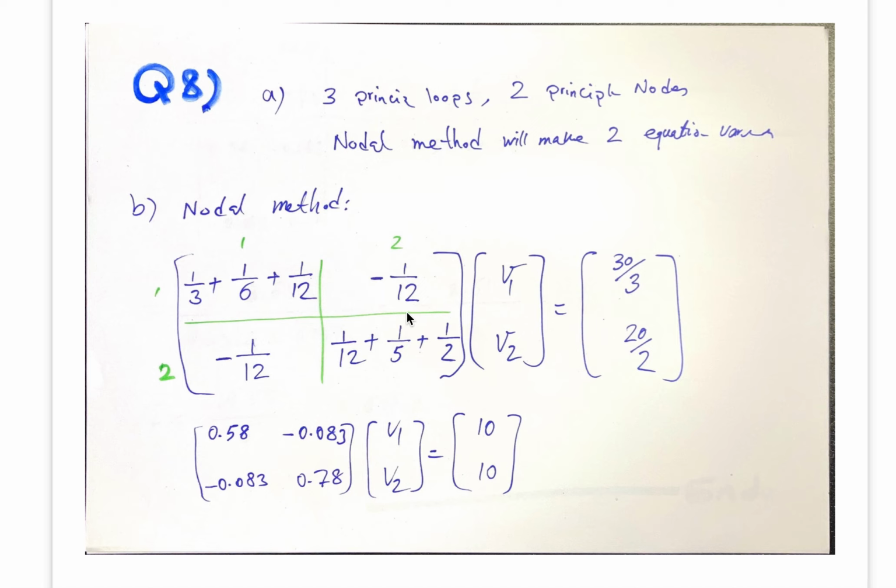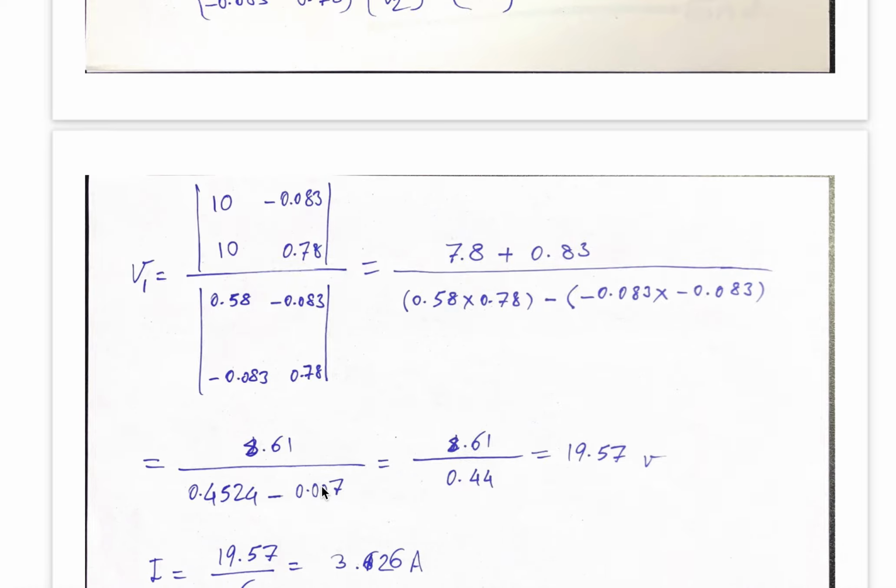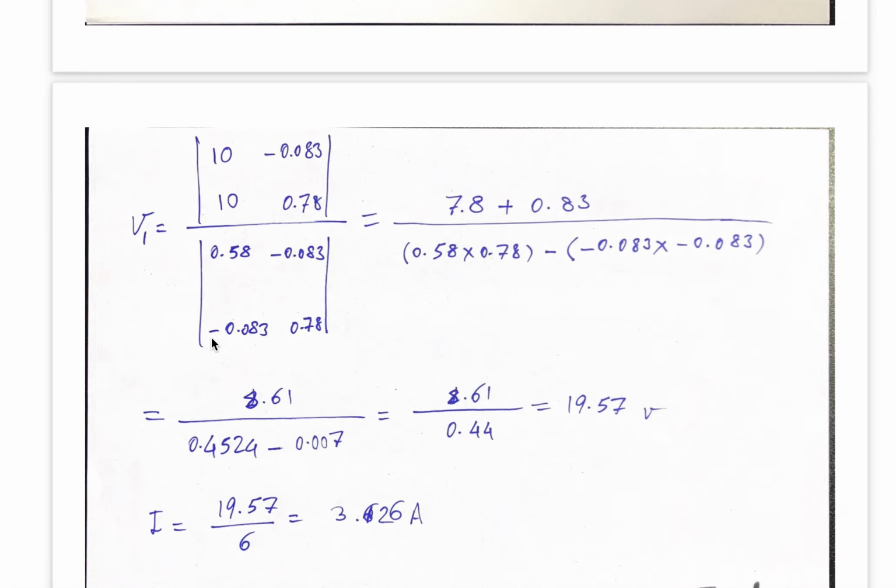And this square matrix is actually a symmetrical matrix, which means non-diagonal elements are the same. So cell 1, 2 has the same value as cell 2, 1 because the circuit is a bidirectional circuit. You can then simplify this square matrix and you get these decimal values, and then you can try to find V1 or V2.